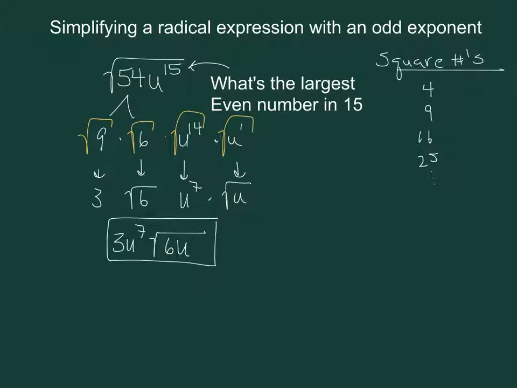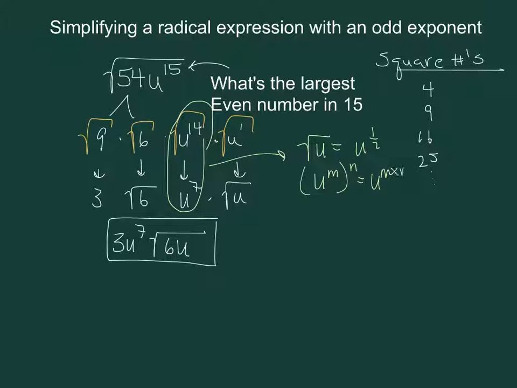Now, let's refer back to this little piece right here. The reason that it divides itself in half is because the square root of u is simply u to the 1/2. And if I have u to the m, to the n, that's u to the m times n.